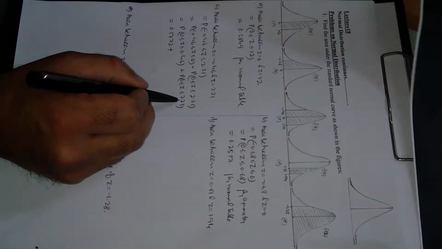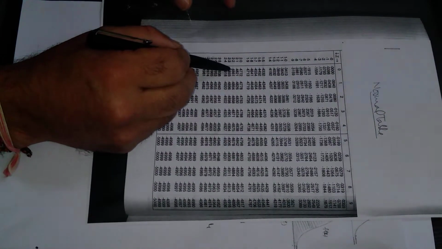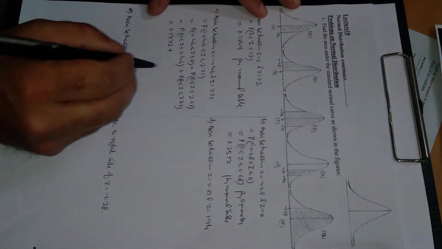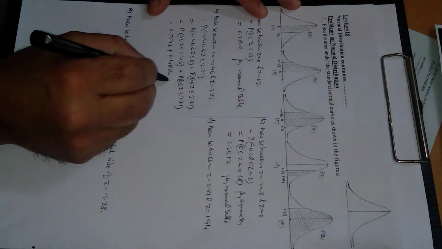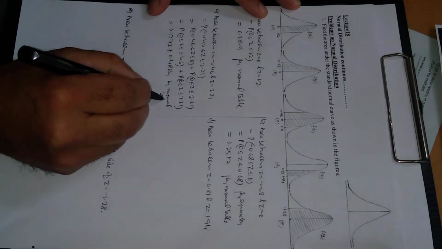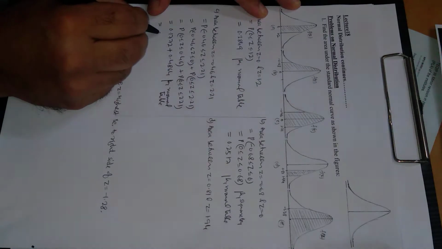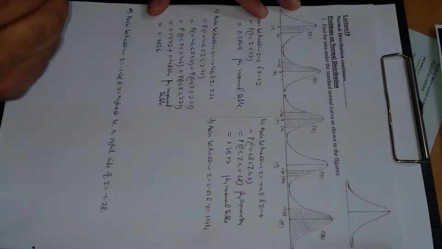So go through the row 2.2 and below the column 1. 2.2 is here, and below the column 1 is 4864. So this is 0.4864 by normal table, which on adding will give 0.6636. This is the third one.